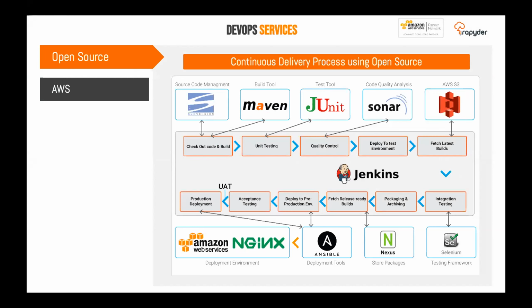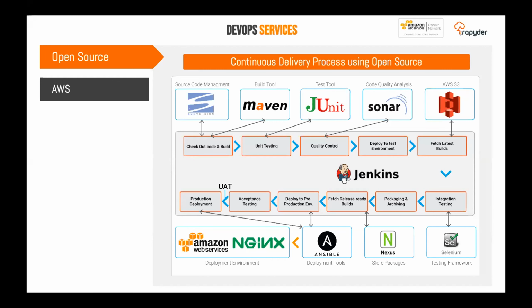This is a typical slide on how we make it work using open source technologies like Jenkins, Ansible, Sonatype Nexus, etc., where you can easily integrate your DevOps CI/CD pipeline into the cloud provider of your choice. Here it is Amazon Web Services.